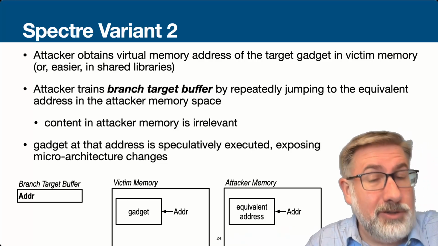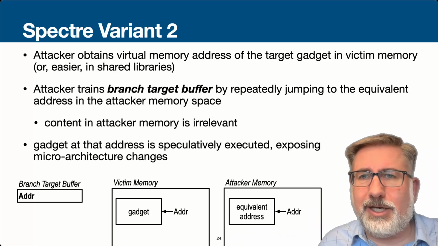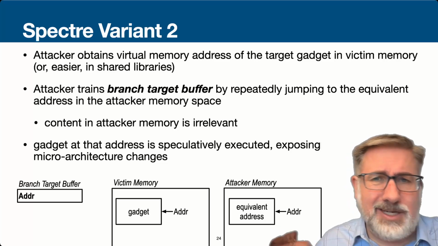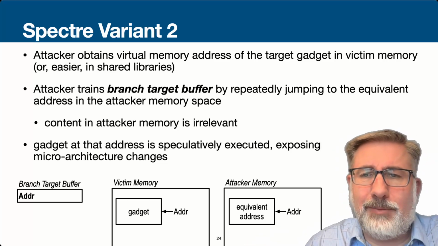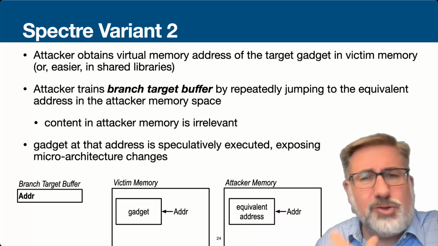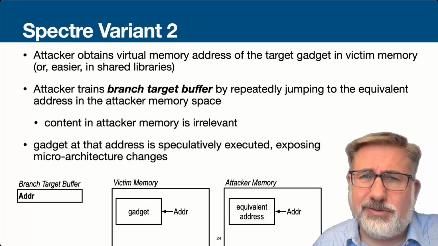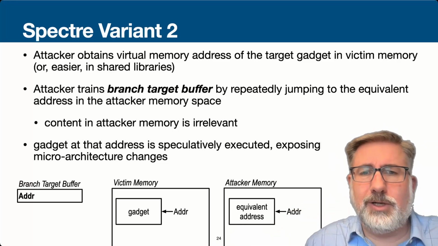Similar to version 1, I'm going to trick the victim's code into training up a predictor in a certain way, the branch target buffer in this case, and then I can use that to execute code.